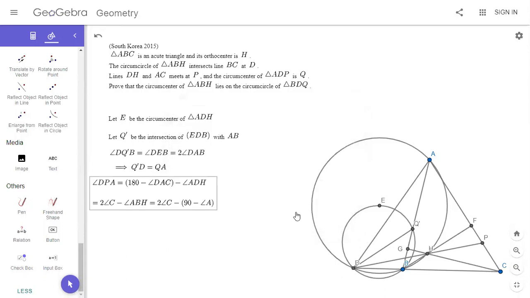Let's try this. I'll just leave it like that for now. And we want to show that's twice angle DQ prime A.